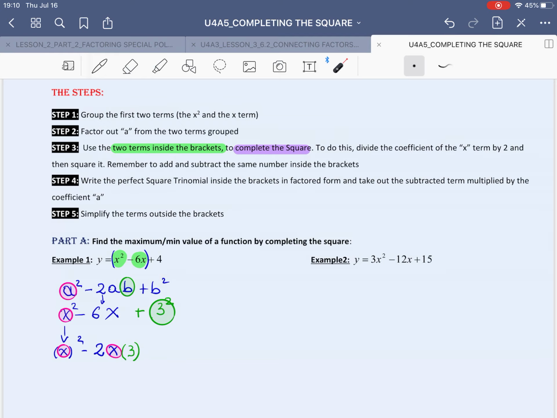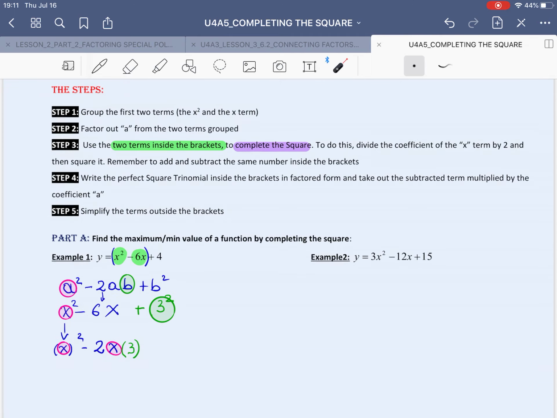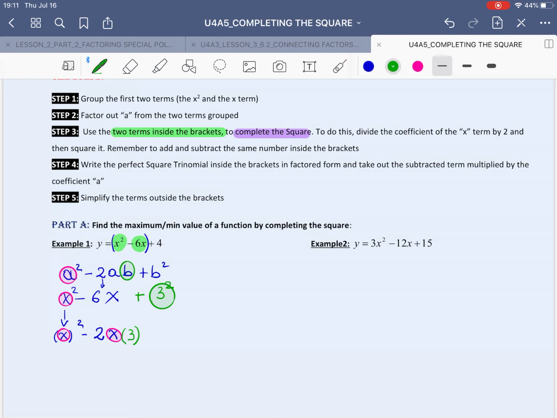Remember, a perfect square has 3 terms. And then we figure out what number to add to make this a perfect square. And we just figured that number out. And we're going to say that we have now y equals x squared minus 6x plus 9. We have completed the square.